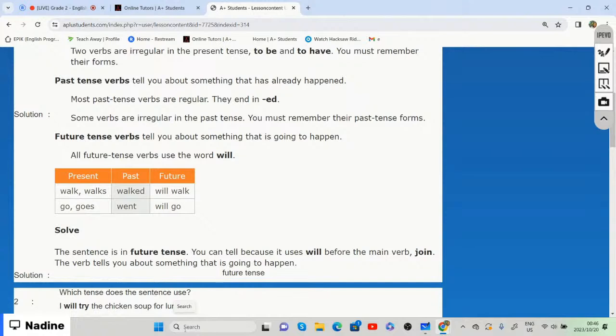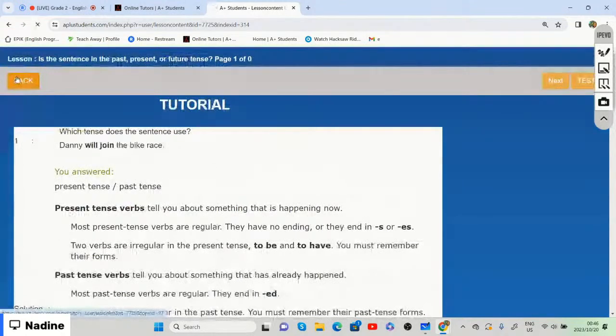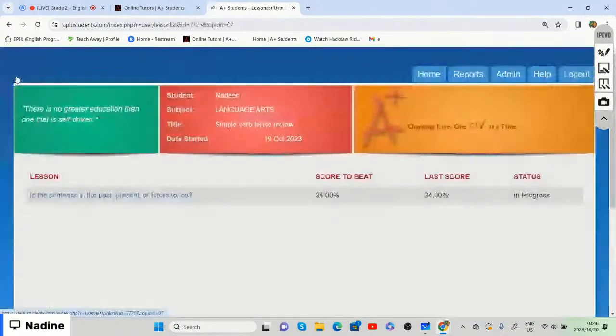But our irregular verb, the whole form changes, like go and went. So this is our simple verb tense review, where verbs are in different verb tenses, which is either the present tense verb, past tense verb, or the future tense verb.